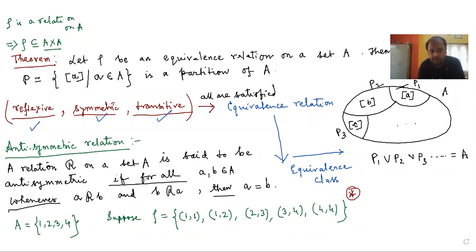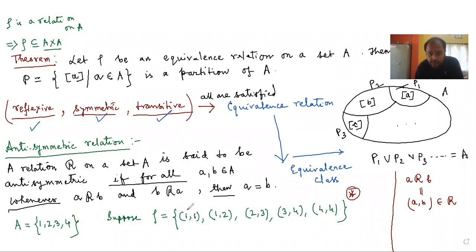What did I write? Whenever these two hold together, that is A is related to B and B is related to A. For the sake of recapitulation, when I write ARB, it actually means that the ordered pair (A,B) belongs to the relation R. Remember I talked about it in the last class.